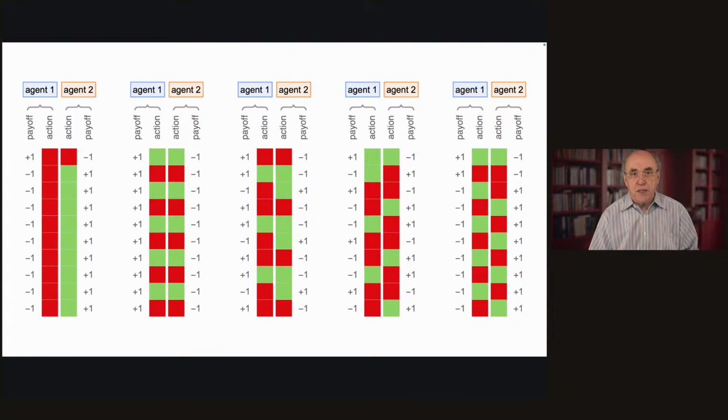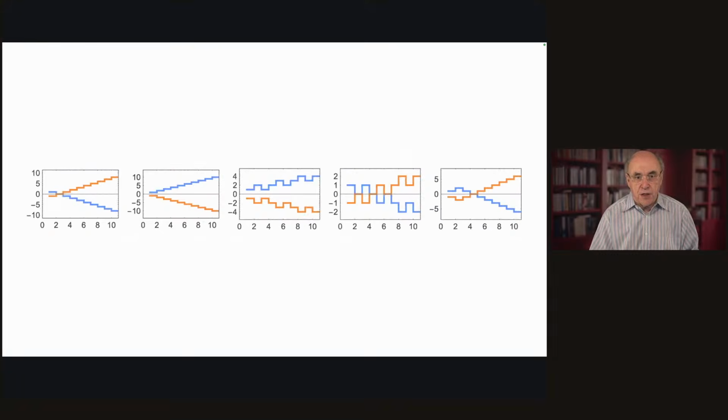So, okay, with this setup, we can plot the cumulative payoffs for the two agents in each of these five different scenarios. We can consider the winning agent to be the one that has the numerically largest cumulative payoff, i.e., the one which is eventually on top in these plots after a certain number of steps.